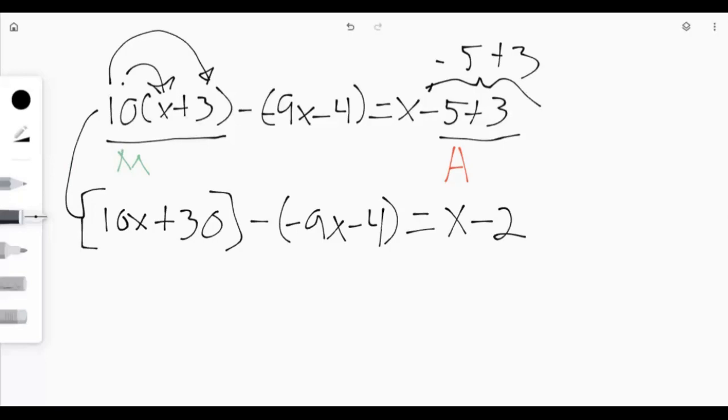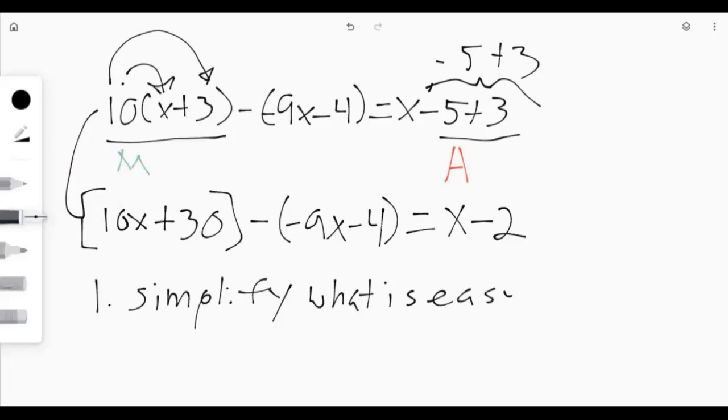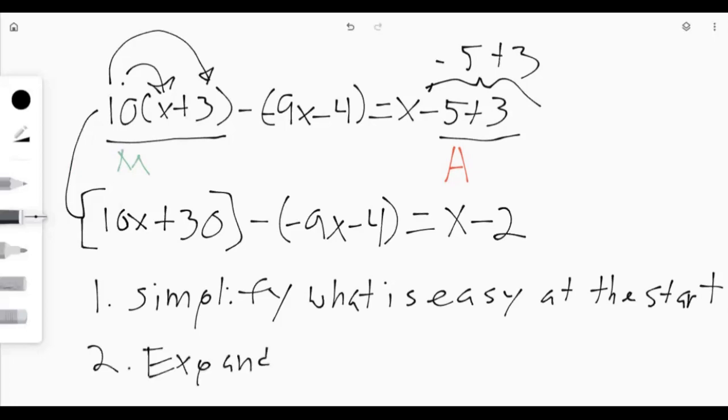From here, we have one more expansion that we can do. With these types of problems, you want to first simplify what is easy at the start. Then second, expand both sides.